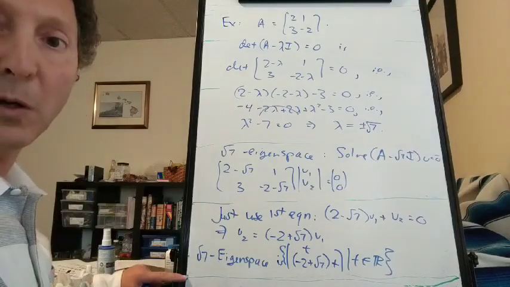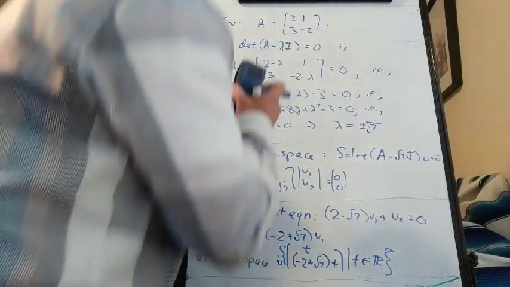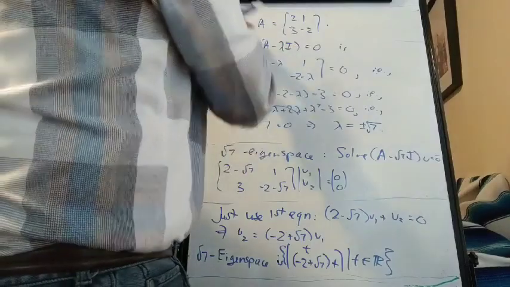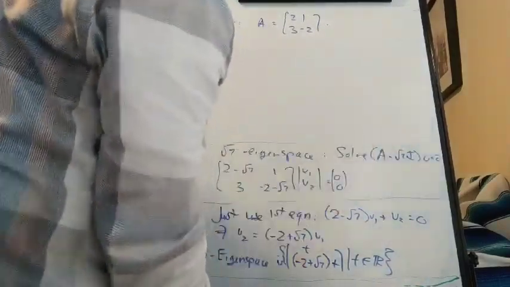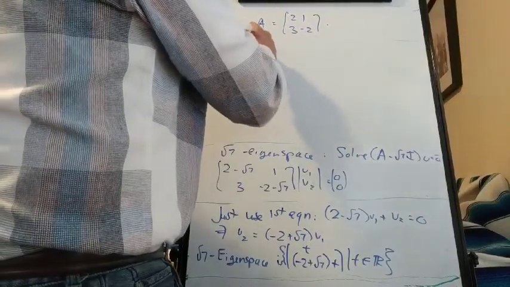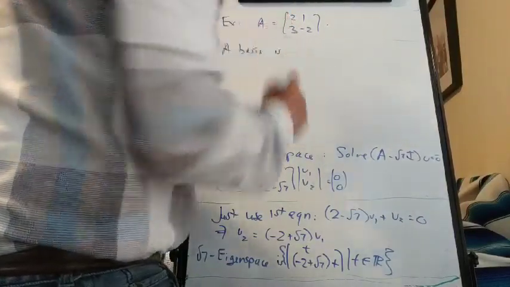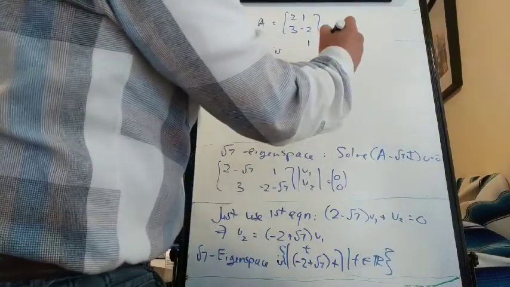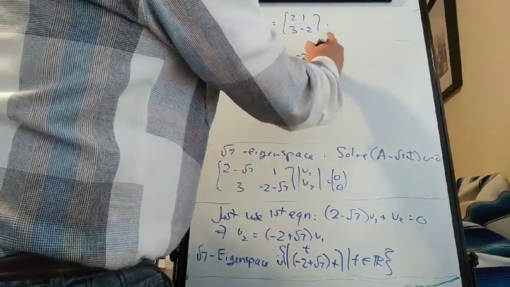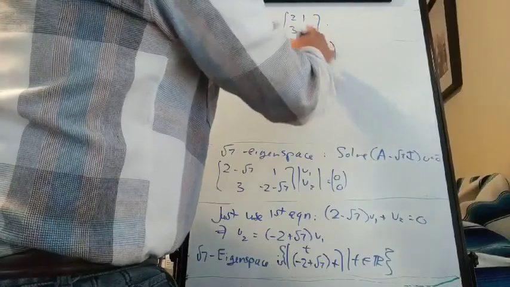So a basis is, if we just let t be 1, 1 and negative 2 plus root 7.